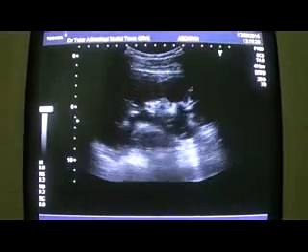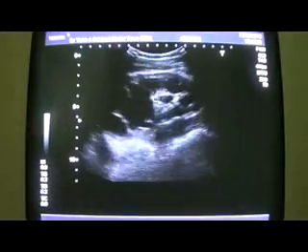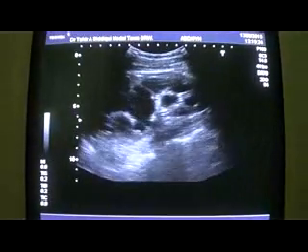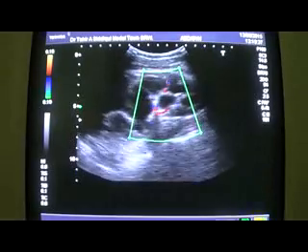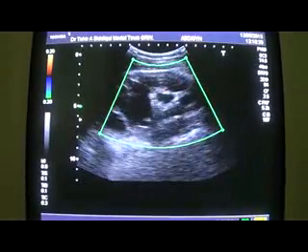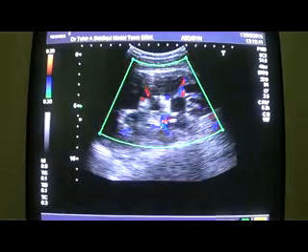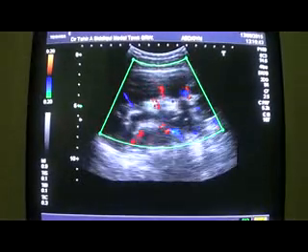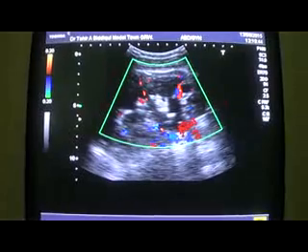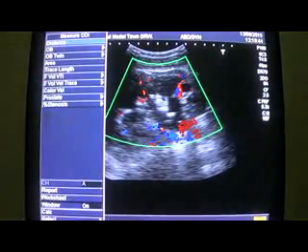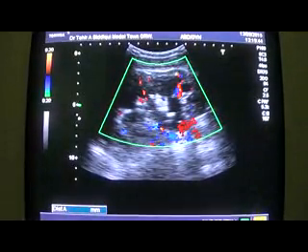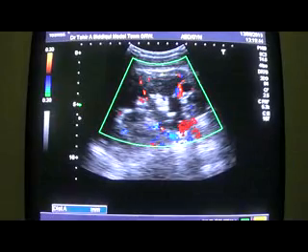Now when I apply color Doppler, then you can see that the kidney is being perfused up to the parenchyma, perfused at all levels. This is the parenchyma.